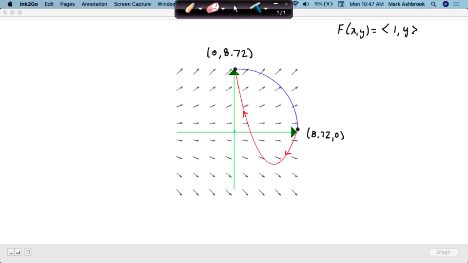My favorite number today, 8.72. Okay, so how am I going to find this line integral along the red path from (8.72, 0) to (0, 8.72)? How am I going to find that?